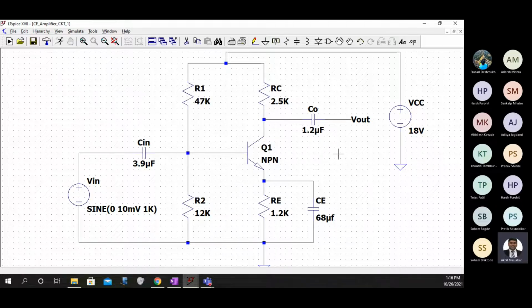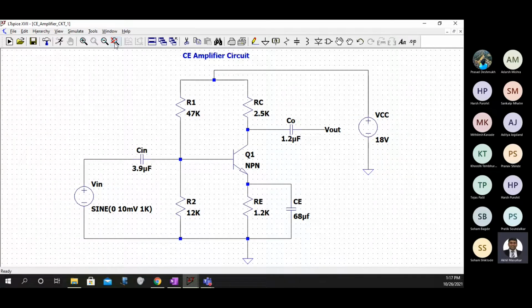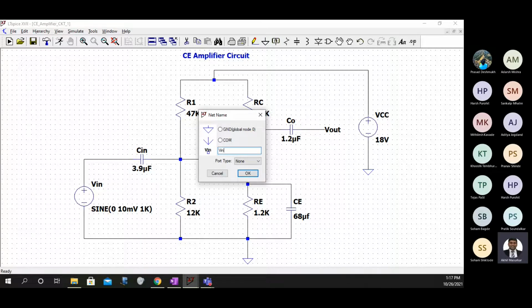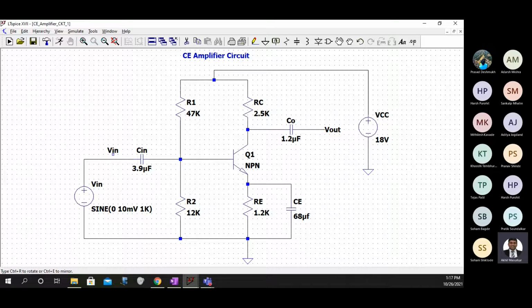So all of you will put this circuit in the chat box. Once you complete it, I will wait here for 5-10 minutes so that you will complete this. Come on, do this. So you can name here V out, and here you have to rename as V in.